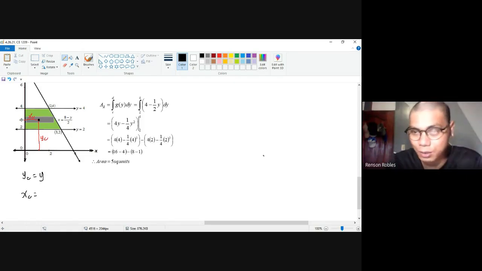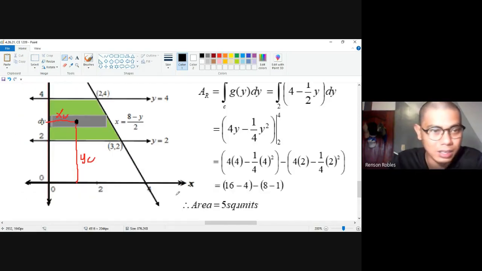You look very closely at the rectangular region, the one shaded in gray, and how I draw the distance to the y-axis, that's XC.